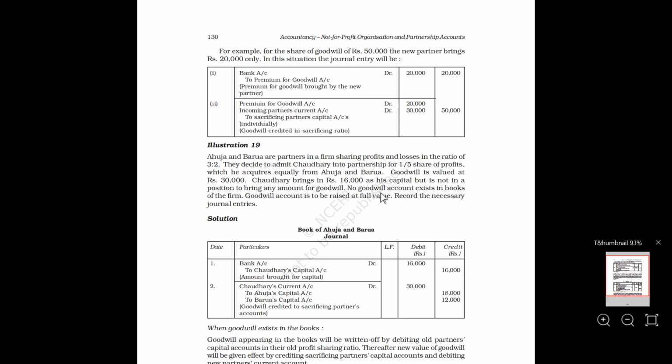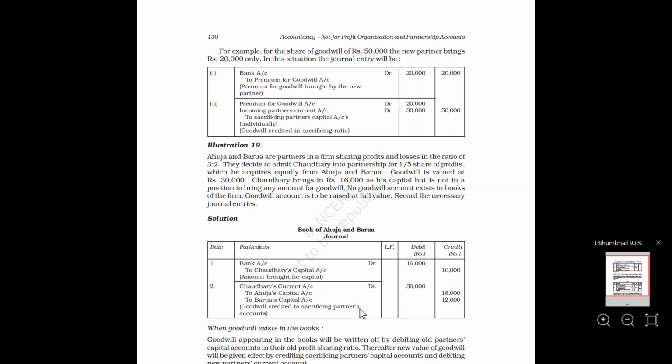So we have to clear this goodwill. Hereafter, in your books, you don't have a goodwill account, okay? So we have to take back this goodwill. Chowdhury's goodwill account debit 30,000 to Ahuja's and Bara's capital accounts.